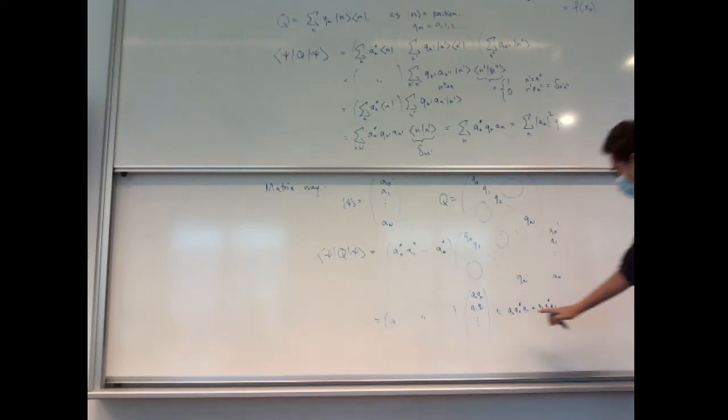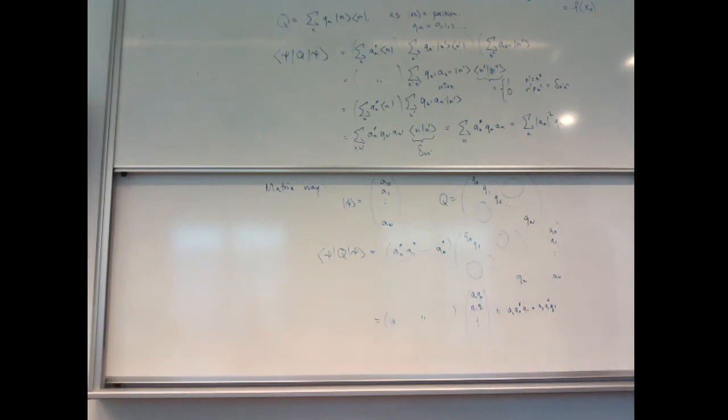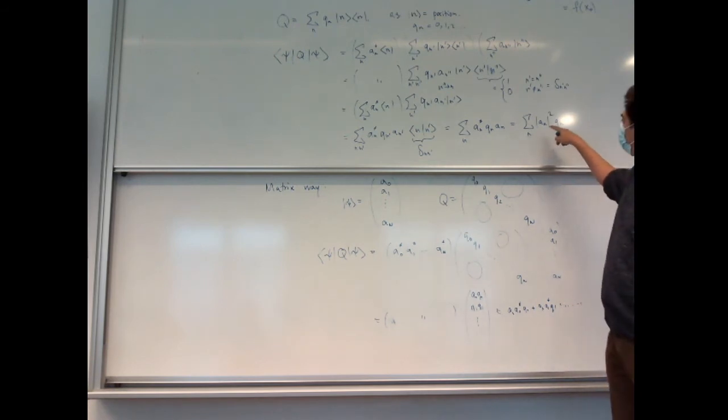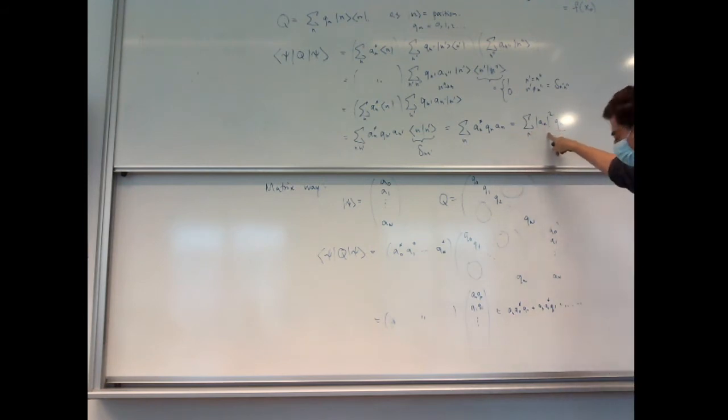Okay, so A0 star, Q0, A1 star, Q1, dot, dot, dot. And that is exactly that, and that's equal to that.